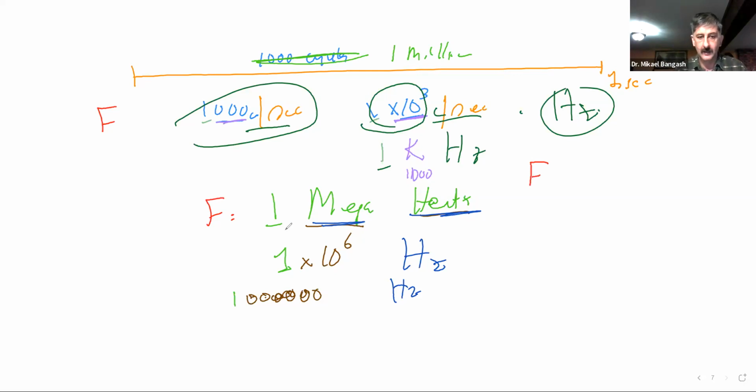this frequency of 1 megahertz can be 1,000 kilohertz.